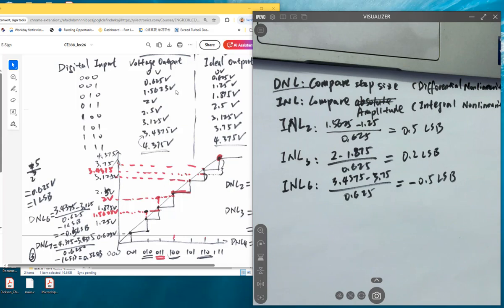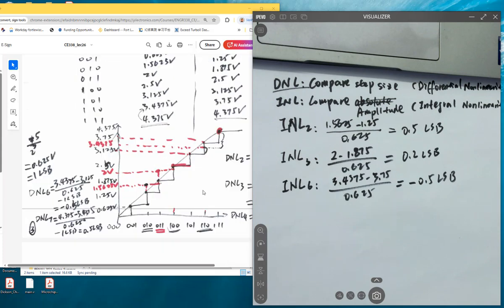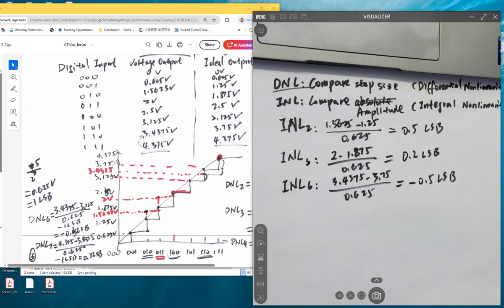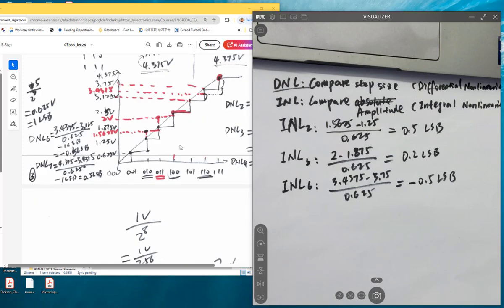So there are only 3 points that have a nonlinearity here, or have an INL here. Okay, so it's 2, 3, and 6. It's pretty simple. It's just looking at the actual values, right? So these values are the amplitudes. It's just comparing these. If there's a difference, then there's an INL over there.